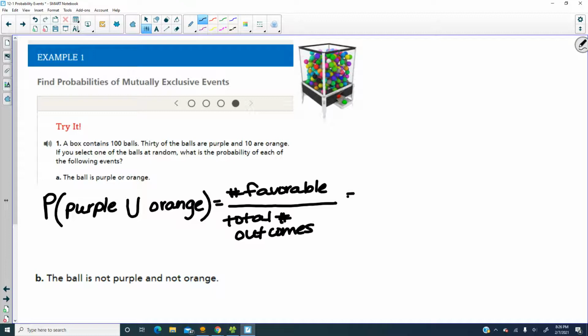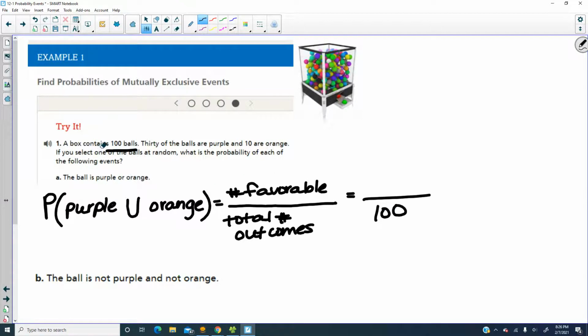So how many balls are we picking out of this box? We're picking 1 at random. How many are there total? There's 100. So there's a total of 100 outcomes possible.